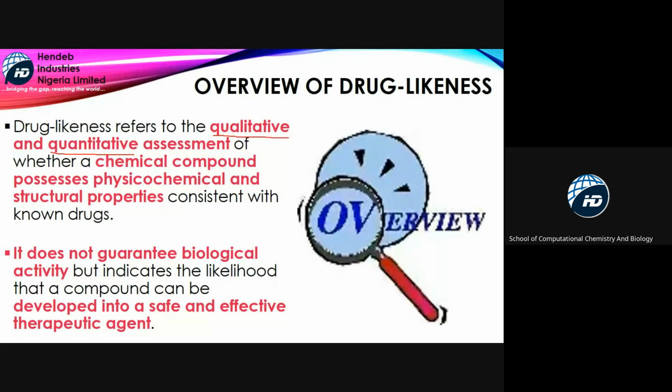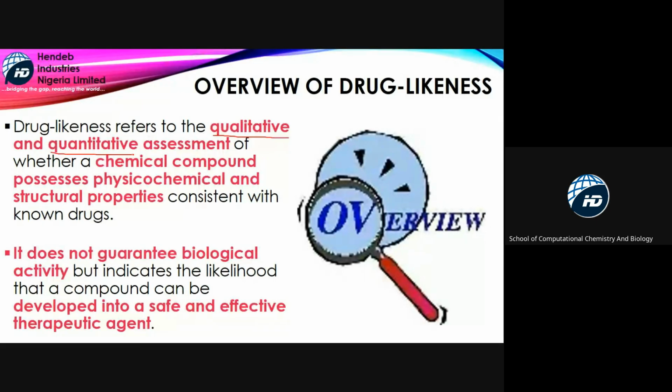Because if you must be a girl, there are certain qualities you must possess that will make you a girl. Those qualities, we are going to convert to numbers. So it will assess to what extent you can look like a girl. So if we must get a drug, whether natural or synthetic, for the formulation we want to make, we must assess to what extent the bioactive compounds in that plant look like a drug.